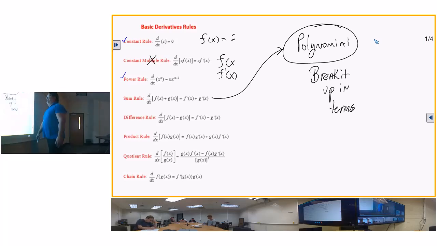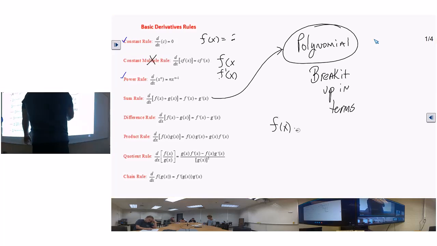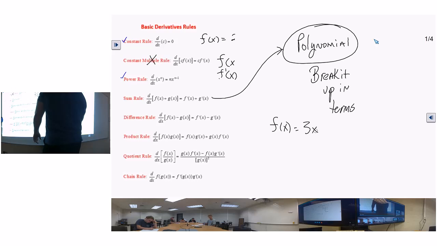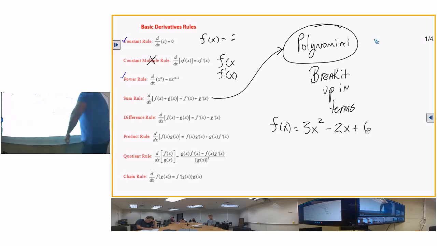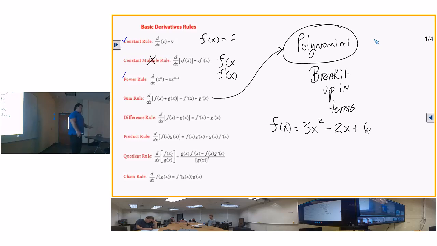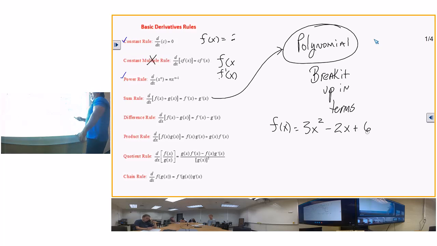So let's say I give you f of x is equal to 3x squared minus 2x plus 6. I have a polynomial. Now that could be 3x to the 5th minus 2x to the 4th plus 4x to the 3rd minus 2x squared plus 6x plus 2. Doesn't matter. You can break each one of these up and take the derivative of each one, and that's your derivative.